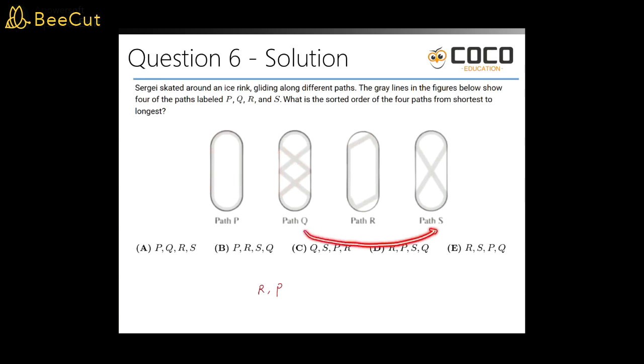Now let's compare path Q to path P. To compare between them, just check this part compared to this part. There's half of the one in the middle, right? The other side is the same.